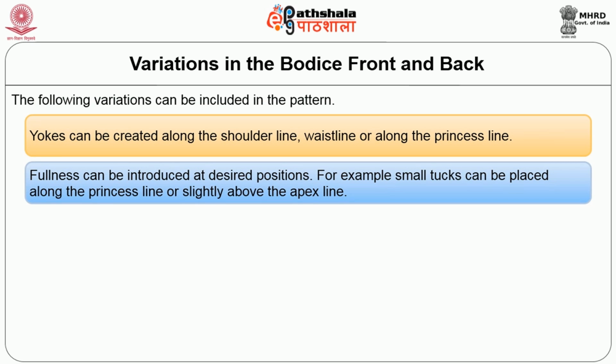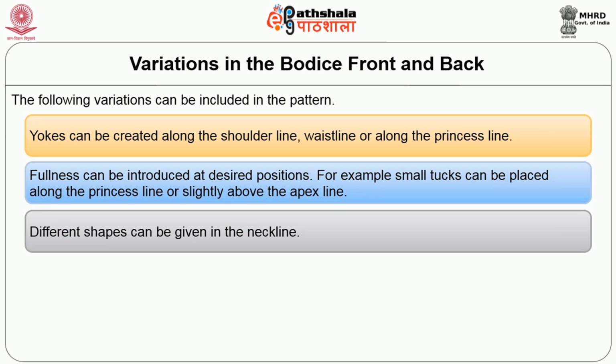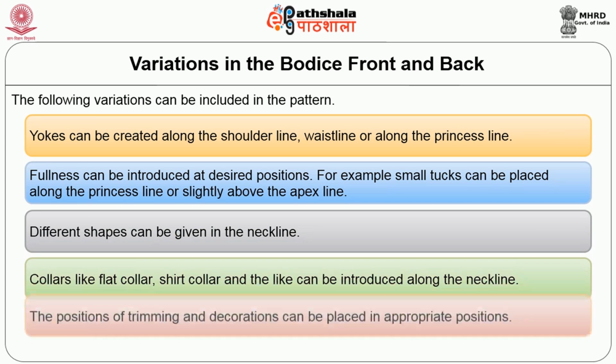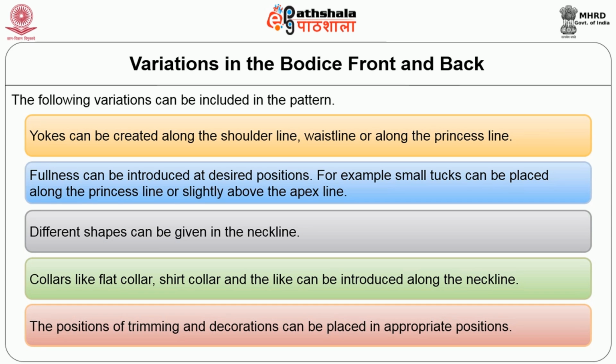For example, small tucks can be placed along the princess line or slightly above the apex line. Different shapes can be given in the neckline. Collars like flat collar, shirt collar or any other collar can be introduced along the neckline. The positions of the trimmings and decorations like frills and laces can be placed in appropriate positions.